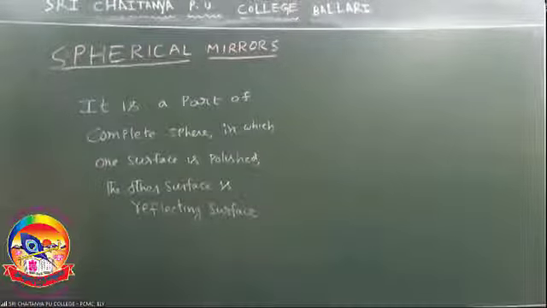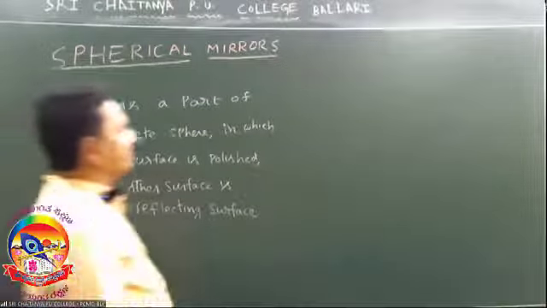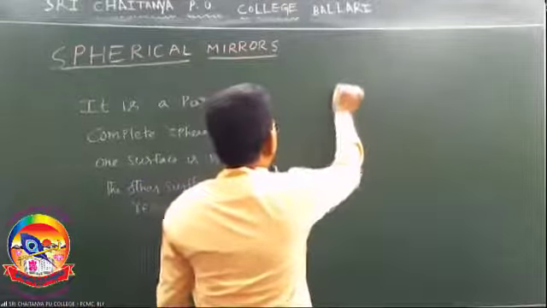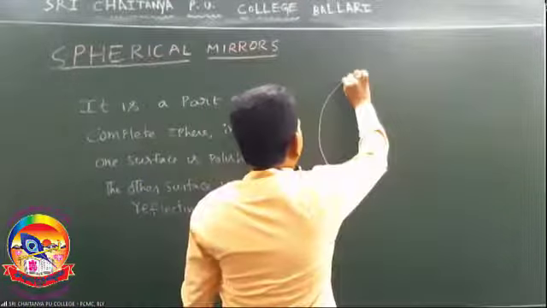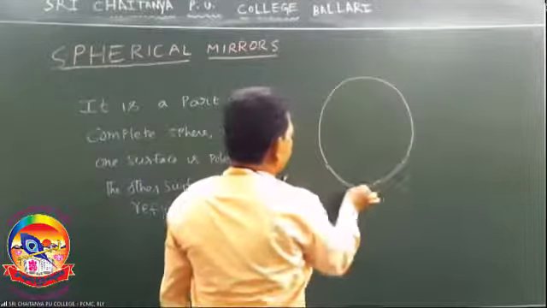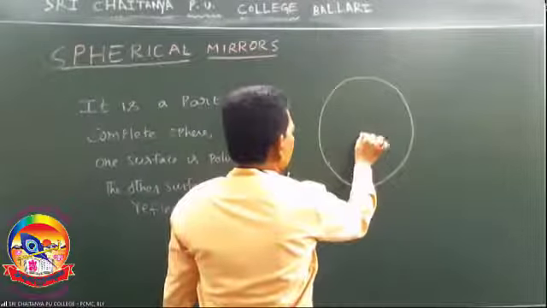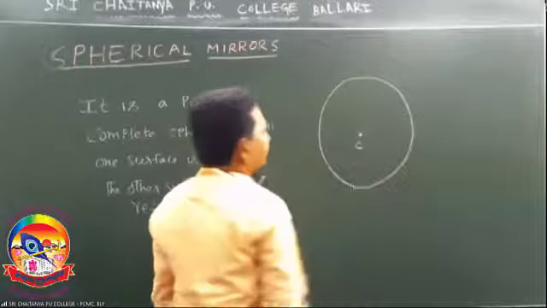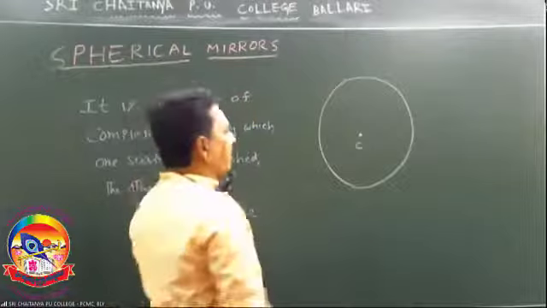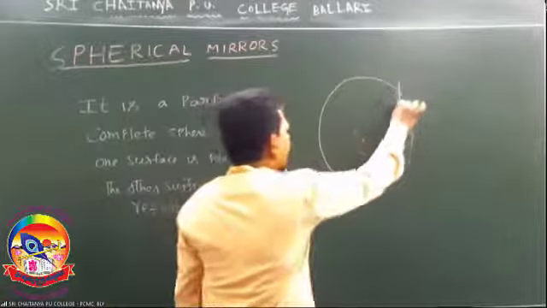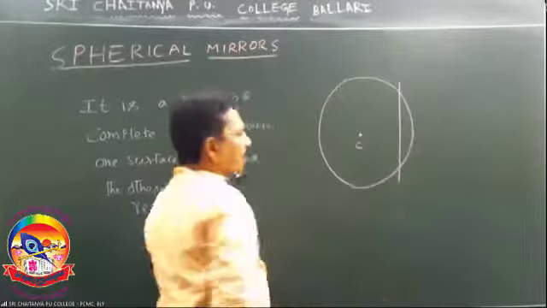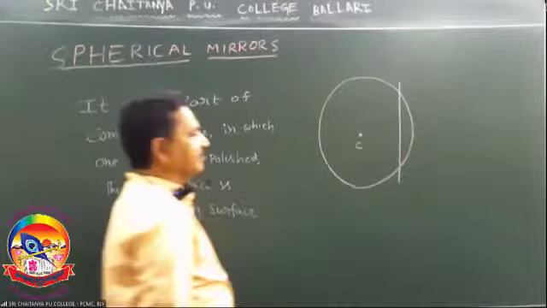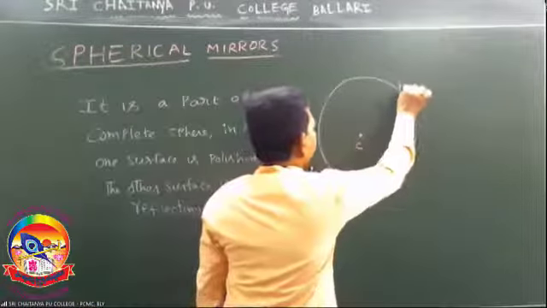Let us consider this is a complete sphere. This is the center of the sphere. Imagine a part of the sphere, a small portion of the sphere, AB.